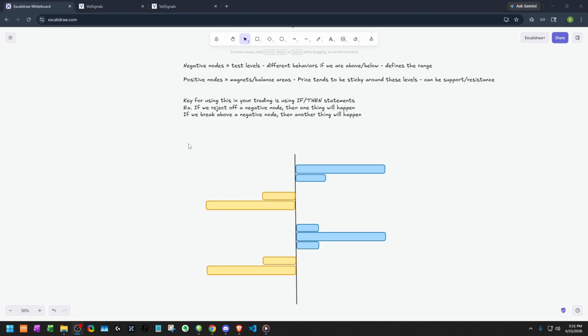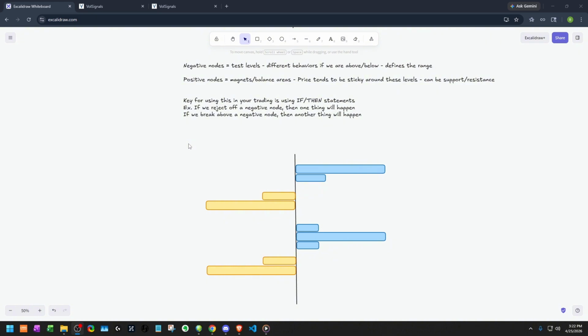Positive nodes, like I said before, they're like magnets, and I like to think of them as balance areas. Price tends to be sticky around these levels. They can also be support and resistance depending on some other factors and how big the nodes themselves are, as well as what the gamma heat map is showing.